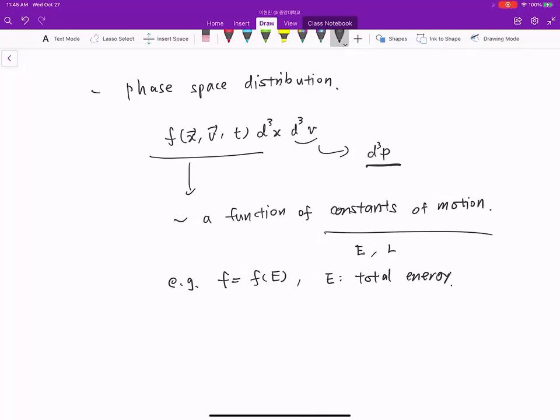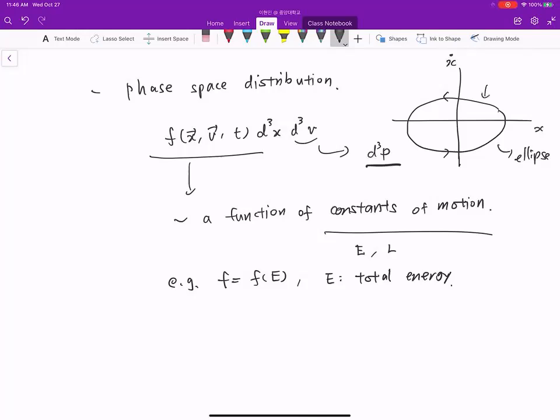As you remember, in the case of a 1D harmonic oscillator, you can draw an ellipse in this two-dimensional phase space, x and x dot. Sorry for the drawing, it is supposed to be an ellipse. You can be anywhere along the ellipse as far as the energy is conserved.